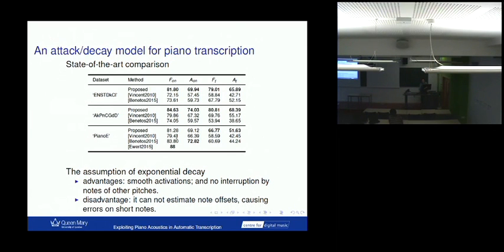There are a lot of short notes, so we think it is because of our assumption of exponential decay, which gives a smooth activation but cannot be interrupted by notes of other pitches. By this method, we cannot estimate the note offsets well. So this may be the reason why we didn't do quite well on this dataset.